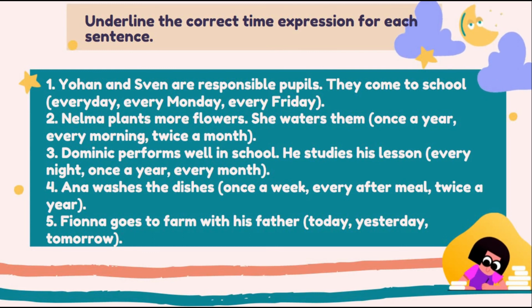You are going to do this last activity. And how are you going to do this? You are going to underline the correct time expression for each sentence. Okay, you may do this now. I'll be giving you another 2 minutes.